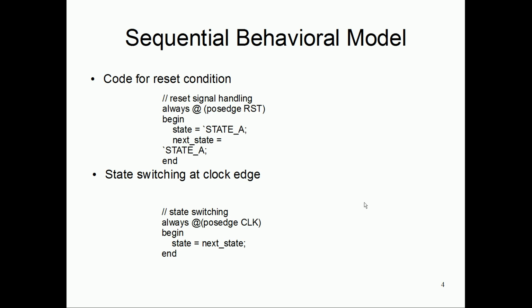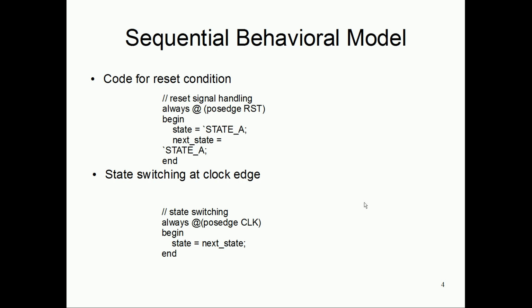Now for the reset condition, let's say it is a positive edge reset. So whenever reset goes to 1, it resets the state, or brings the state to the initial state, which is state A. It will make the state A and next state A, so it will keep looping on state A till something is changed.